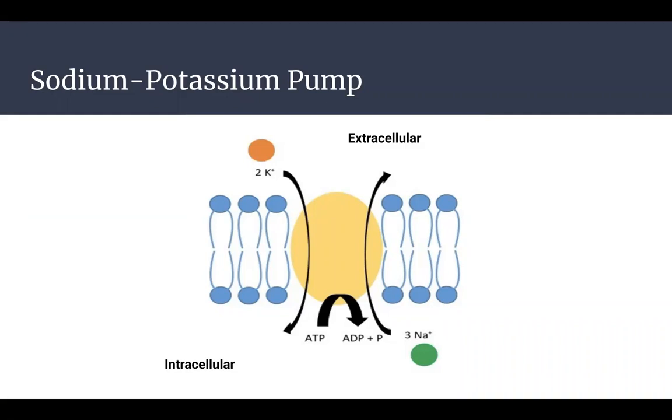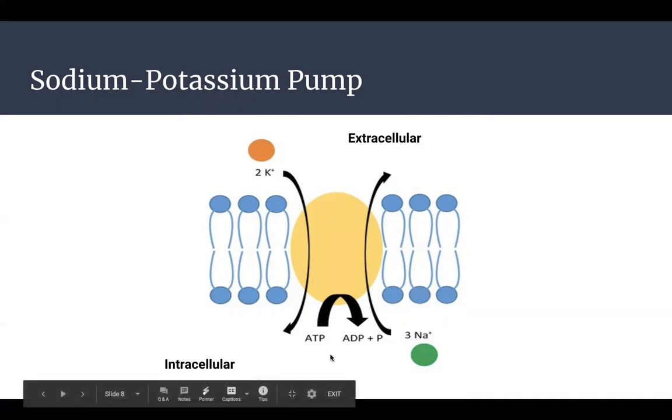Because energy is involved, it's an active process, this requires energy through ATP. On the other hand, if sodium was moving from the extracellular environment into the intracellular environment, or into the cell, this is considered a passive process.